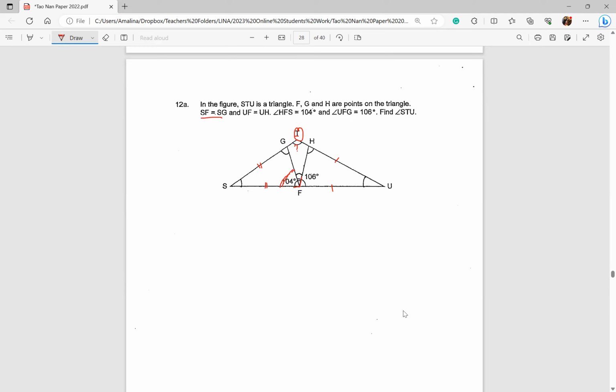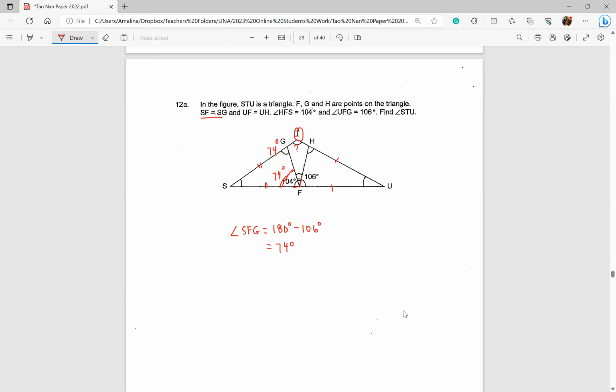By taking my 180 minus my 106. So angle SFG is my 180 degrees minus my 106 degrees. So I will get 74 degrees. And then because these two sides are the same, means that my angle SGF is also 74 degrees.